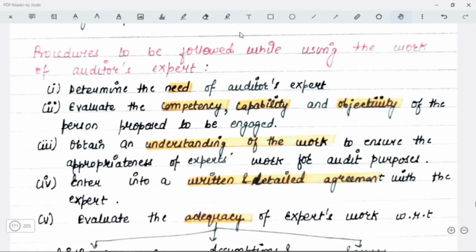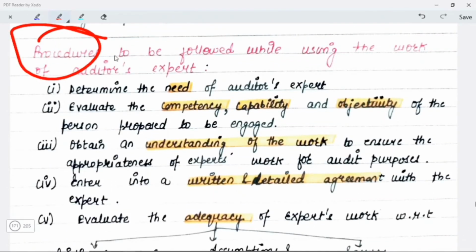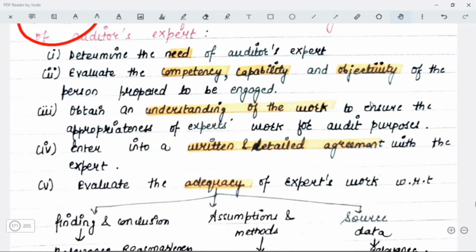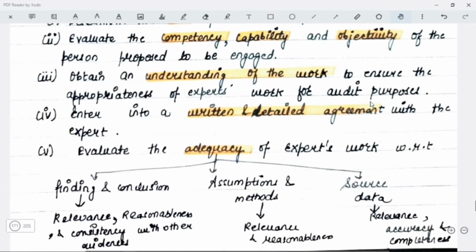Now, what are the procedures that need to be followed while using the work of an auditor's expert? So first of all, determine the need, whether you require an expert or not. Secondly, you are going to evaluate the competency, capability and objectivity of the person that you are proposing to engage. Next, obtain an understanding of the work to ensure the appropriateness of the expert's work for audit purposes.